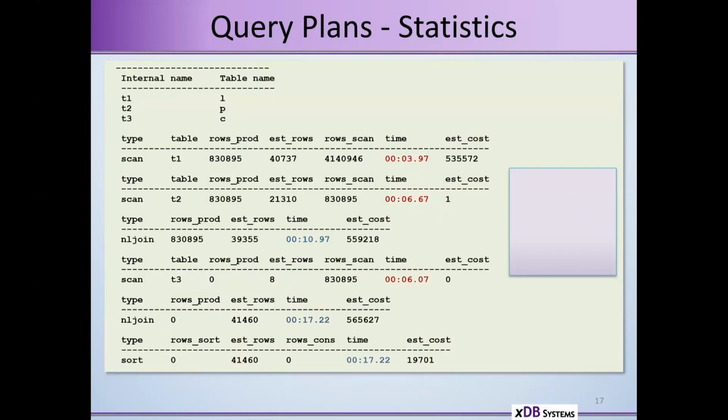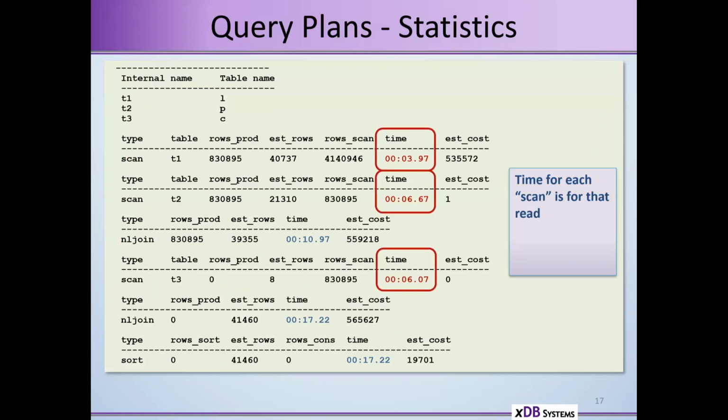Now, getting into these times in a little bit more detail, this is a different example where we're joining three tables in our query. So I'm just going to highlight these times here. The times for the table access are the times taken just for that table access.